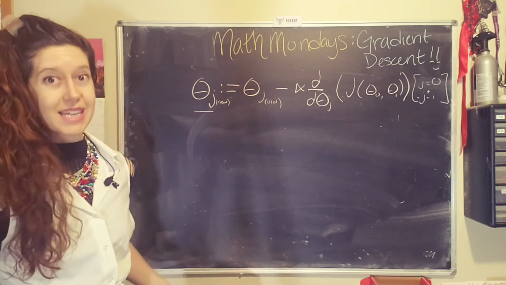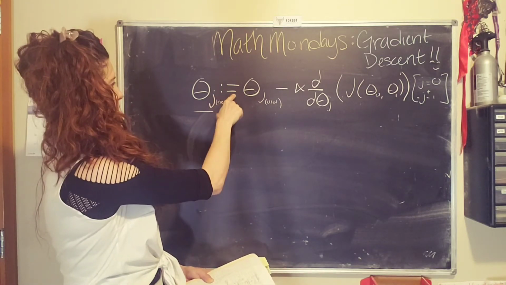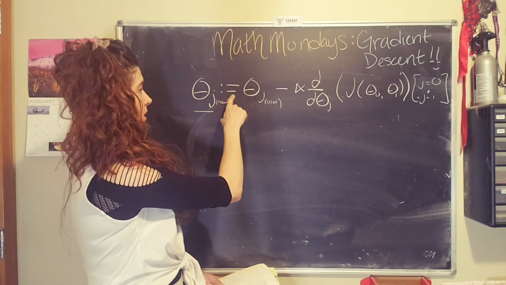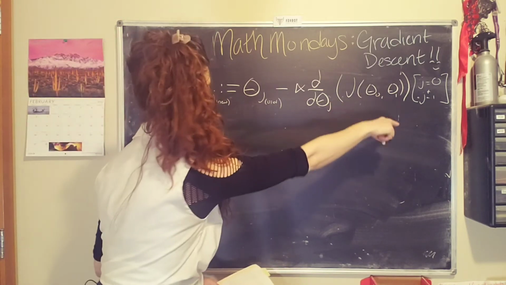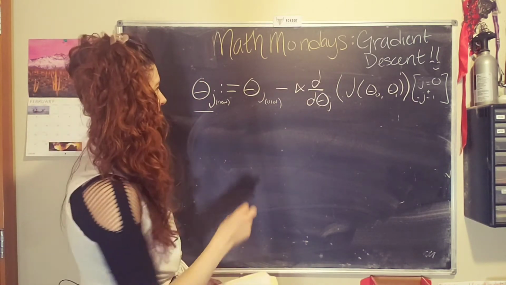pseudocode symbol is the assignment operator. This colon equal sign is just saying the new parameter value is going to be set to this equation minus the stuff in blue. That's not part of the equation.